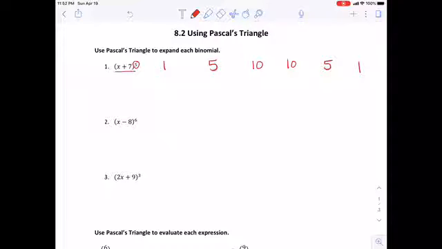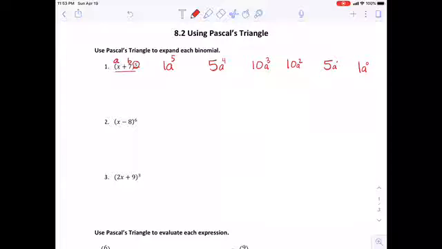Then I'm going to be multiplying all of these A's and the B's. Now I'm going to be listing my A's, and since it was a 5th power, I'm going to start with A to the 5th, and then count down. A to the 4th, A to the 3rd, A to the 2nd, A to the 1st, A to the 0.